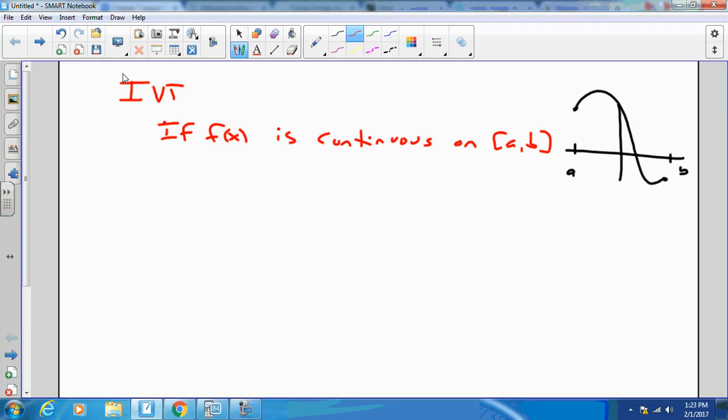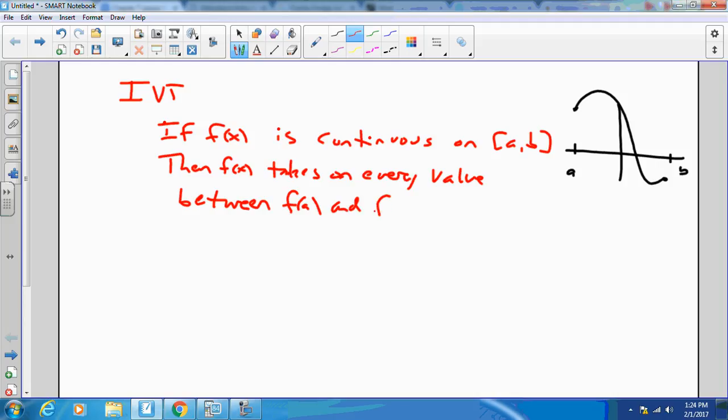If f is continuous on the closed bounded interval a to b, then f takes on every value between f of a and f of b.